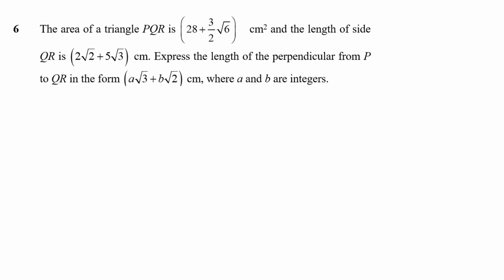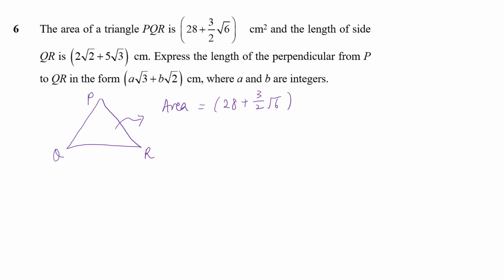Right, so this is a problem sum involving surds. So let's draw the triangle. Right, so we have a triangle PQR. And this triangle has area equal to 28 plus 3 over 2 square root 6.